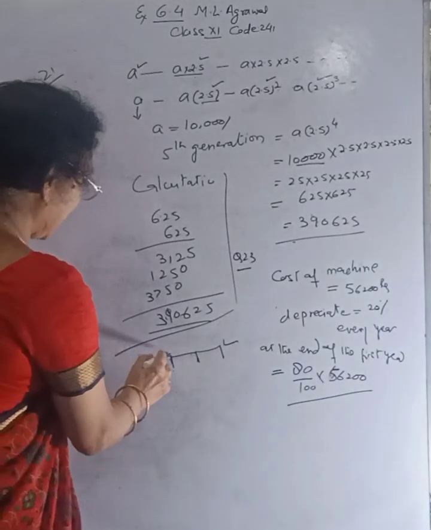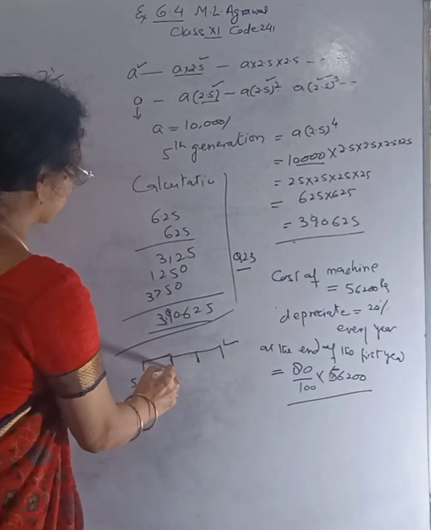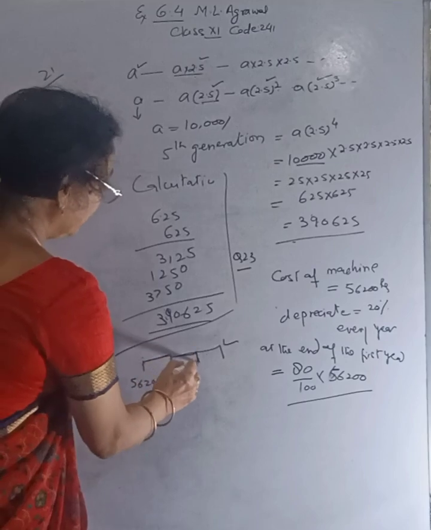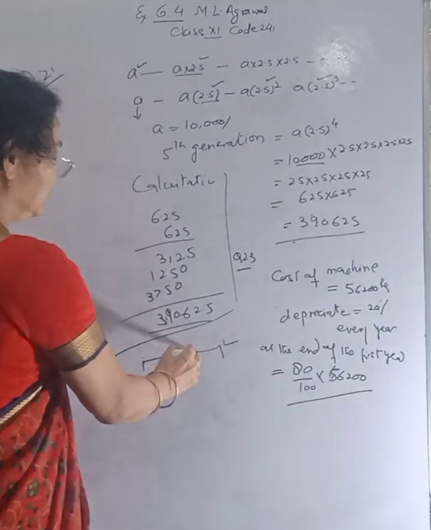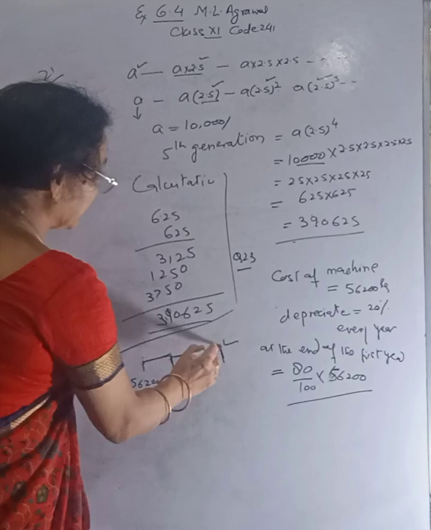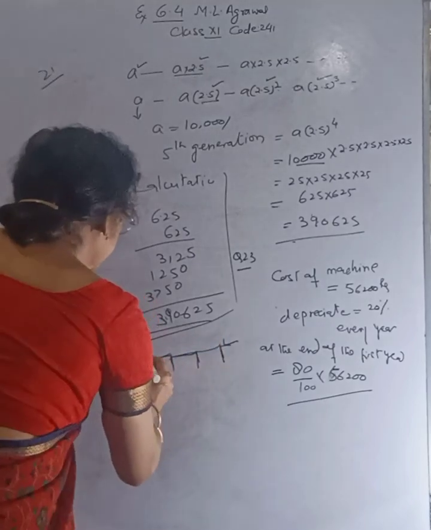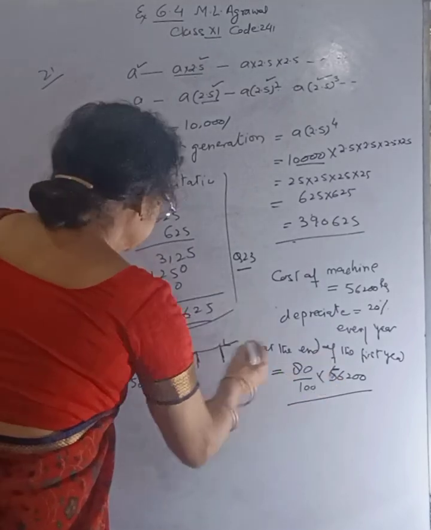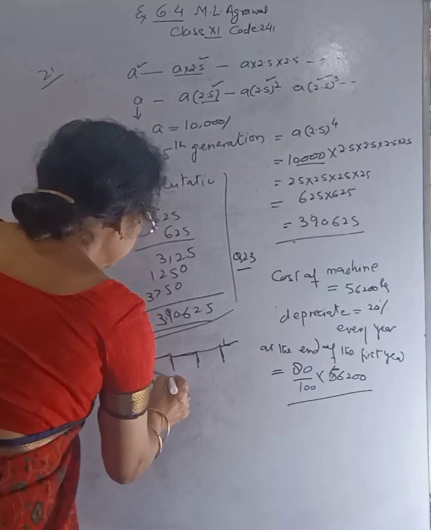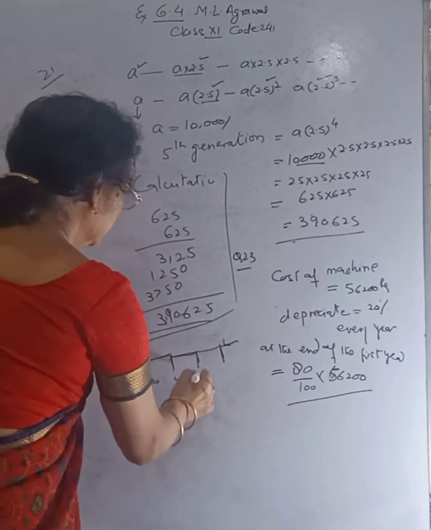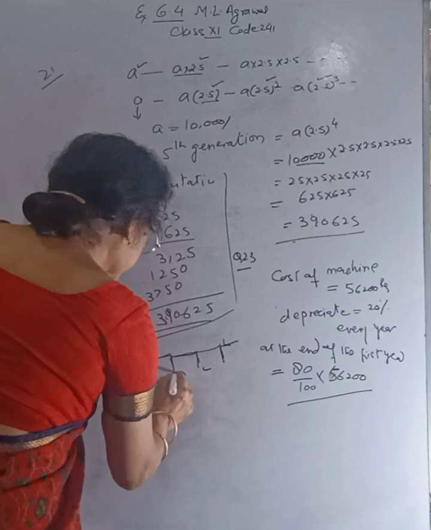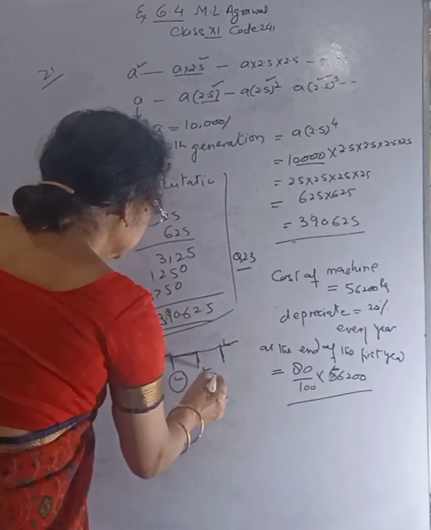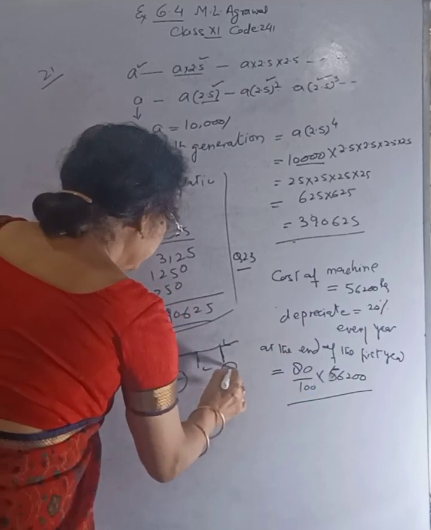End of the first means starting of the second. End of the second means starting of the third. End of the third means starting of the fourth. It means here 80% reduces. This value will be 80% of this, this value will be 80% of this, and this value will be 80% of the previous.